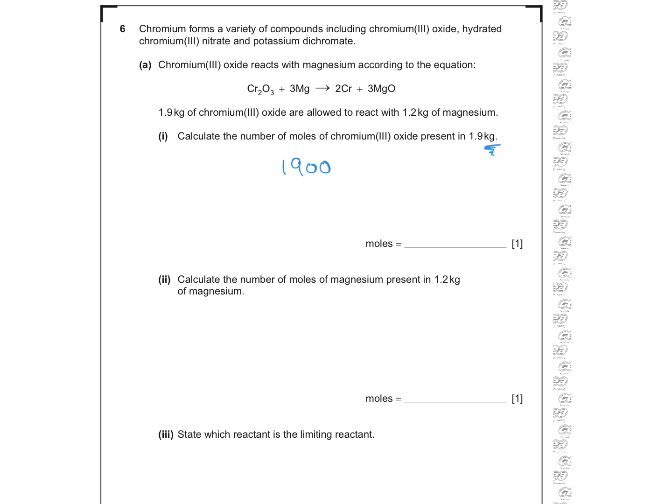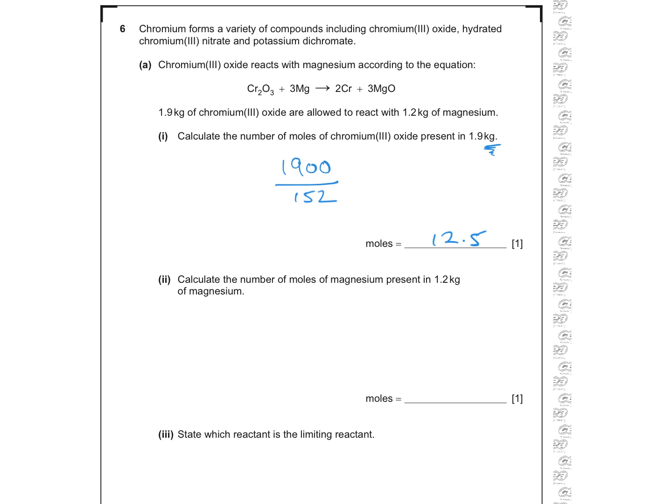So it's 1900 grams divided by the MR, or the RFM, of chromium 3 oxide. So you work out that RFM, and that is 152. So that works out to be 12.5 moles.